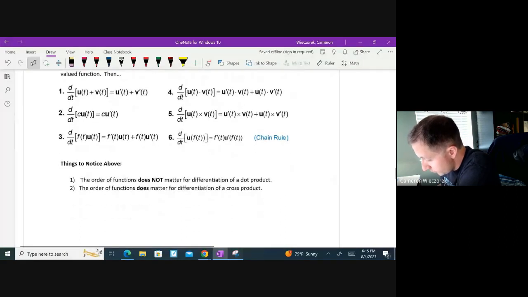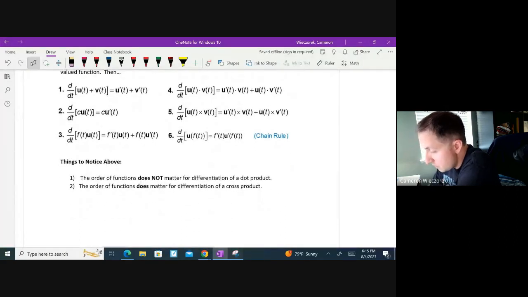Then the derivative of the sum of those two vector valued functions would be the sum of their derivatives, u prime plus v prime. Second rule, the derivative of a constant multiple times vector u would be the constant multiple times the derivative of u, just like it would be for a scalar function.